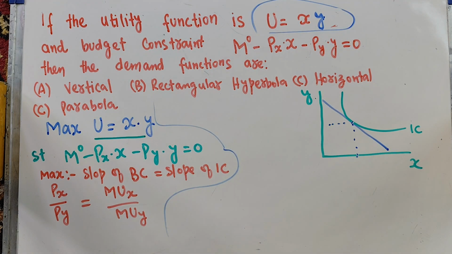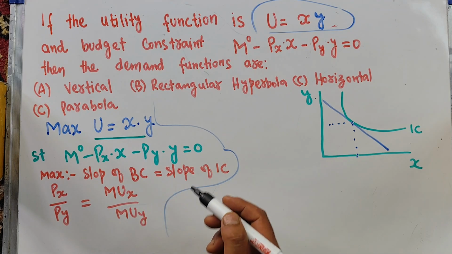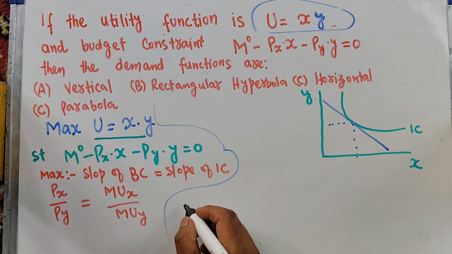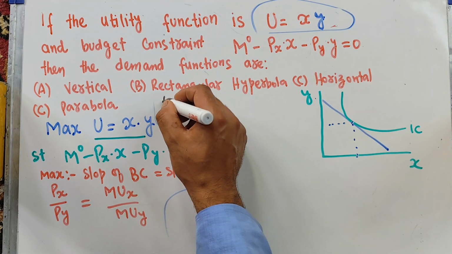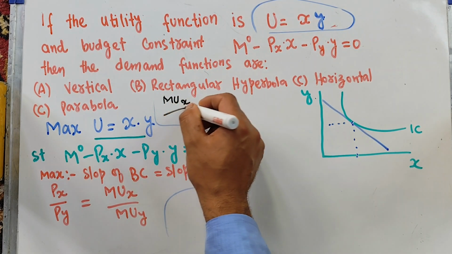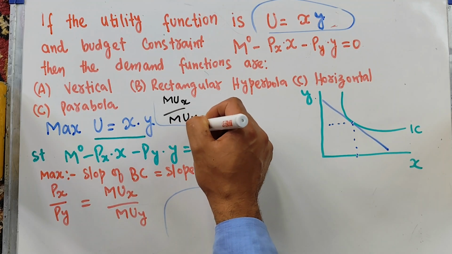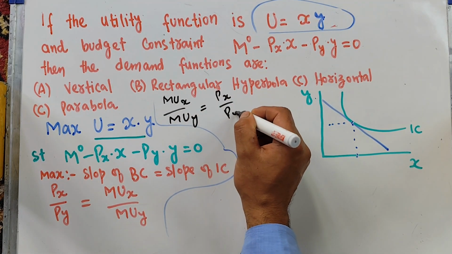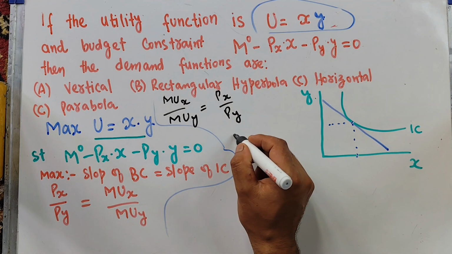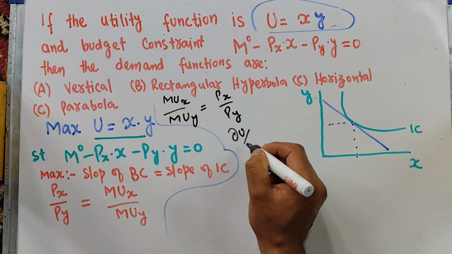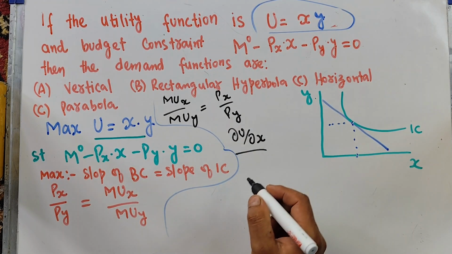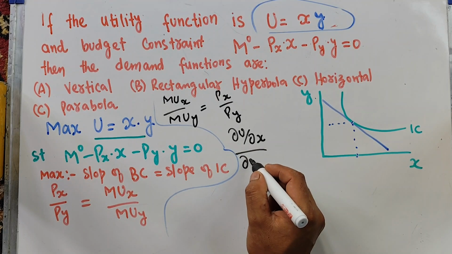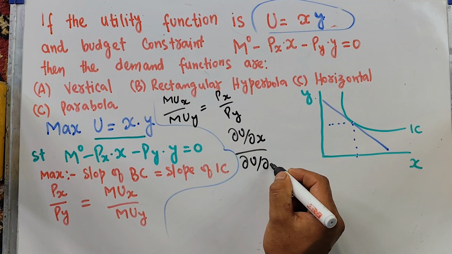So what is the marginal utility of good x? Let me write it here: mux upon muy should be equal to the price of good x upon the price of good y. Mux means the partial derivative of the utility function with respect to good x, and muy means the partial derivative of the utility function with respect to good y.